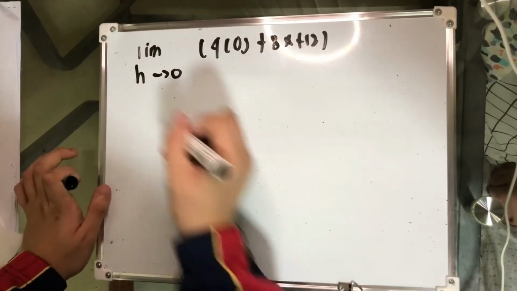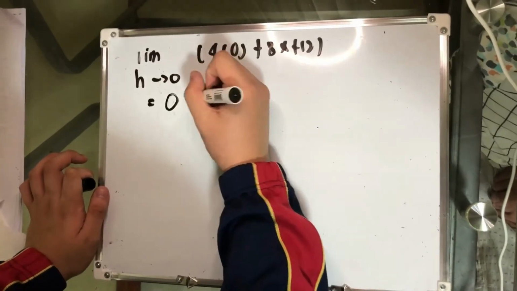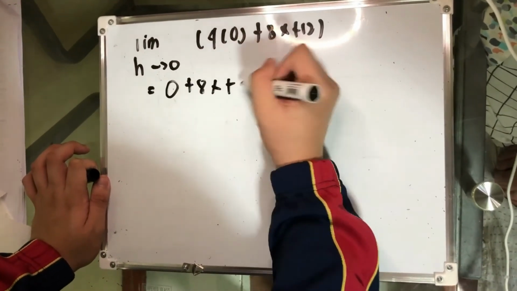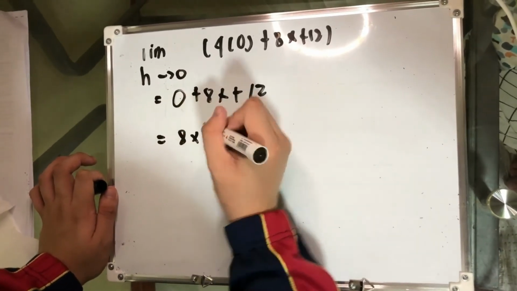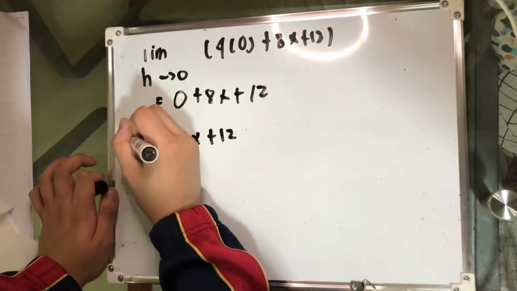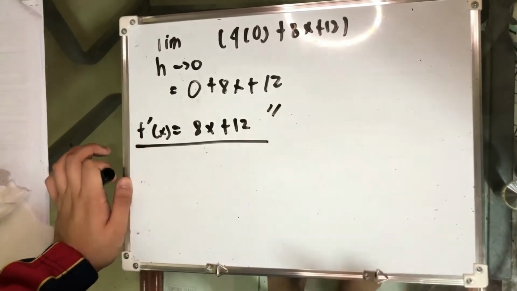Sorry for my handwriting. 4 times 0 is 0, plus 8x minus 12 is equal to 8x minus 12. So this is our f prime of x. This is the final answer.